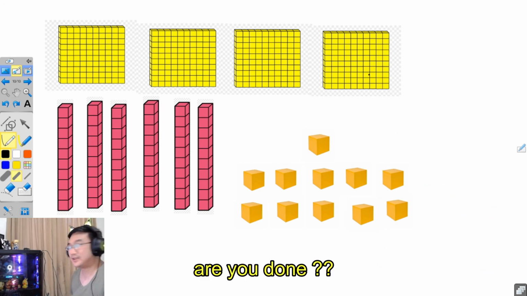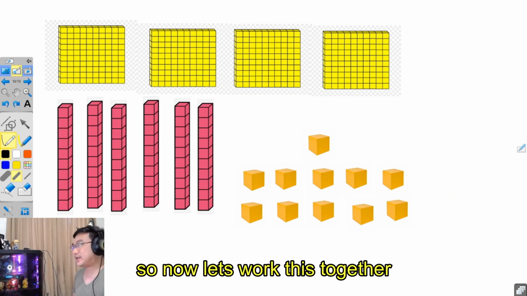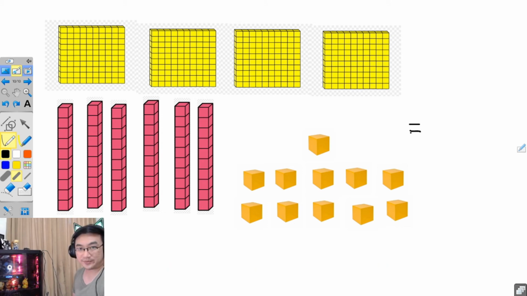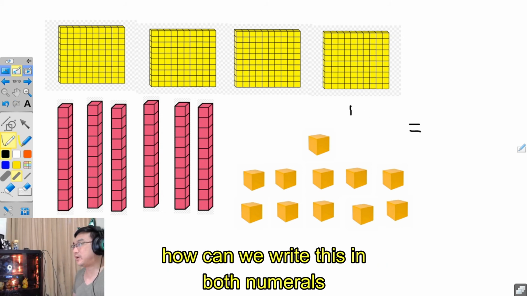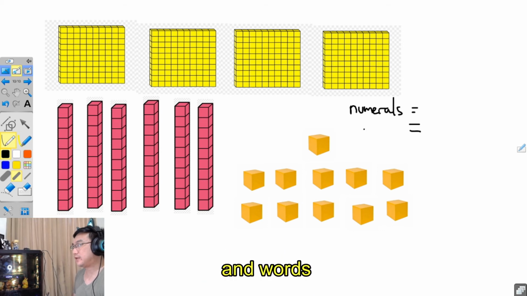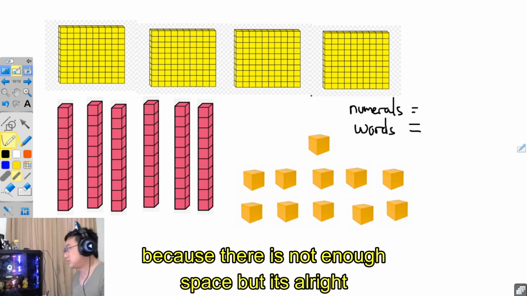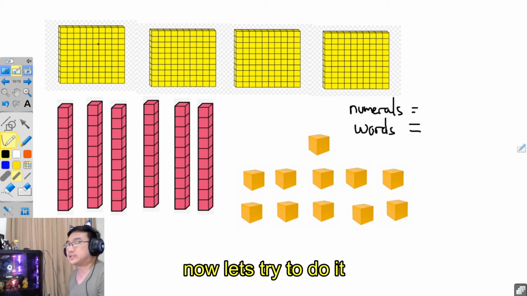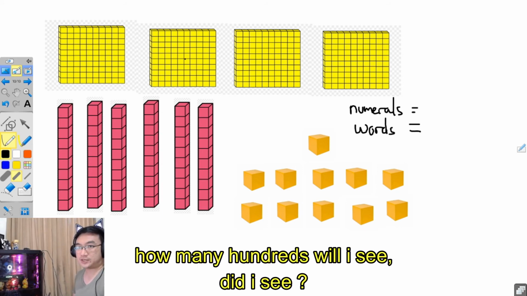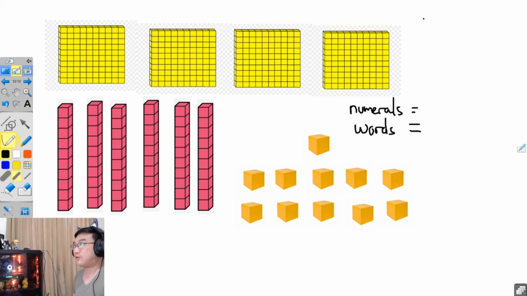Are you done? Okay. So now let's work this together. How can we write this in both numerals and words? Maybe I'll change the word value at the bottom because there is not enough space, but it's okay. Now let's try to do it. How many hundreds will I say? Did you see 4?